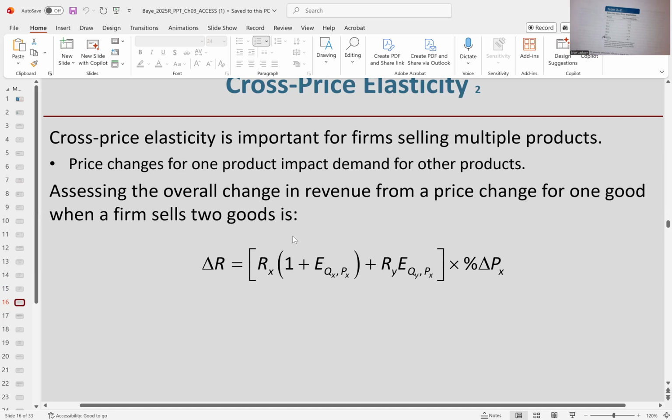They don't derive this in your book, but this is another formula for finding the cross elasticity of demand, which would be this thing right here for a firm that sells multiple products. I think I will dodge this for now in your course. I'm trying to make this course as manageable as I can.